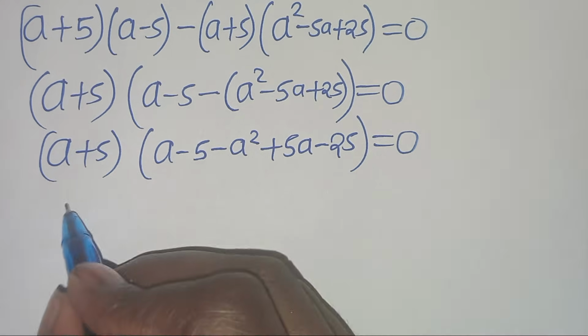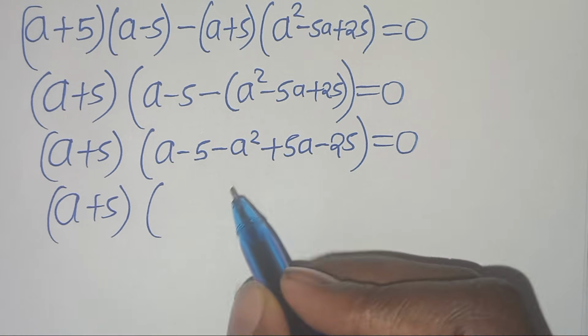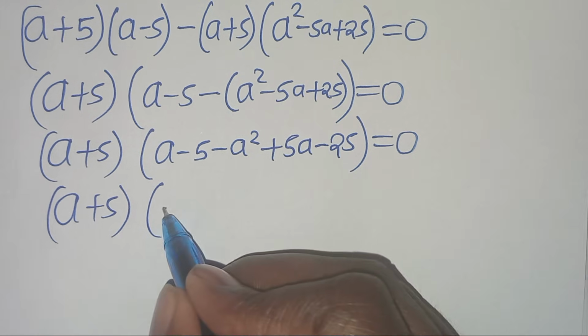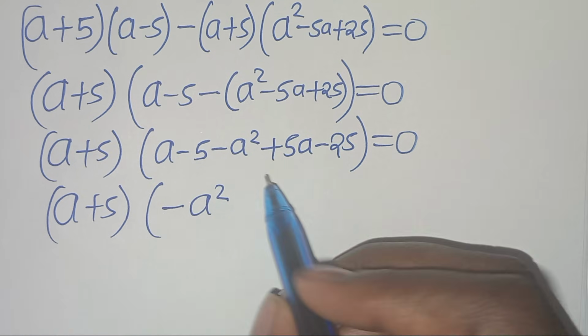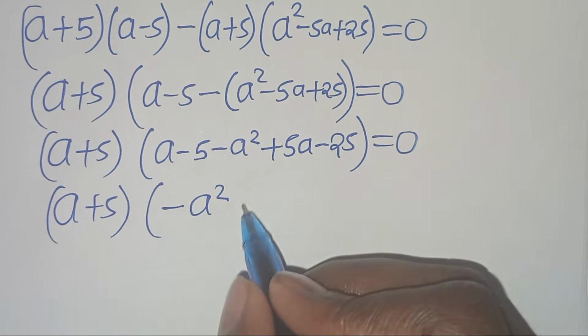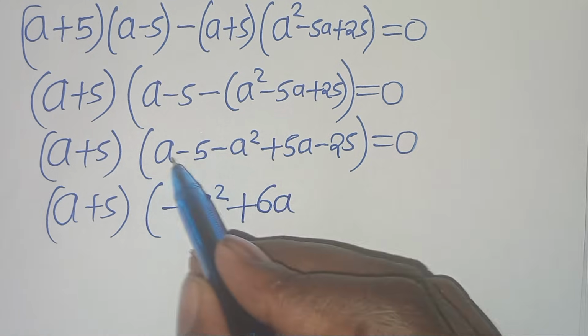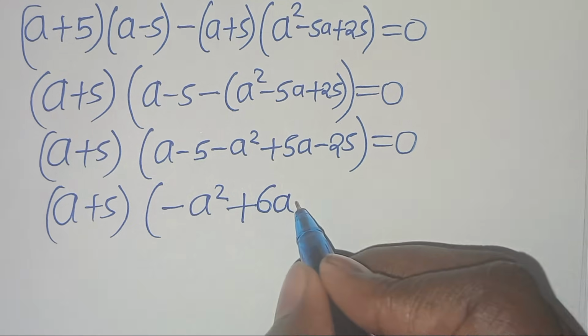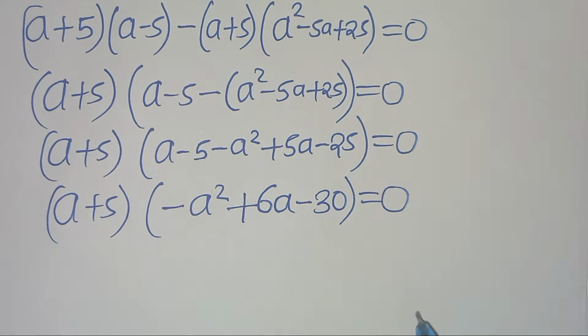Now, this is a plus 5. Then we can rearrange this equation as minus a squared, then we have a plus 5a, so this is plus 6a. Then we have minus 5 minus 25, so this is minus 30. This is equal to 0.